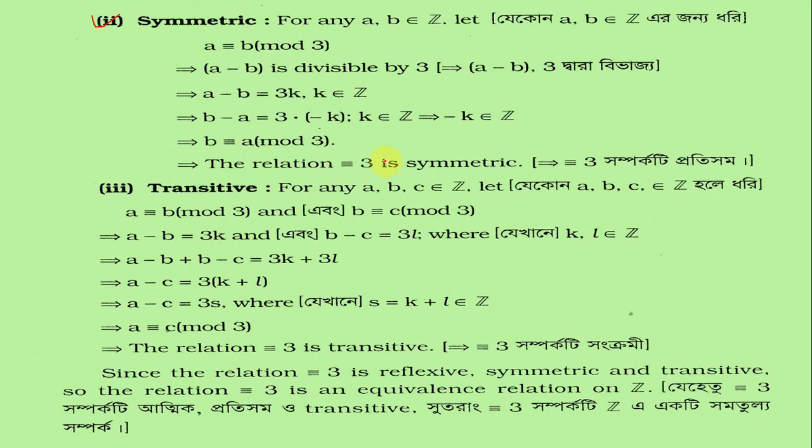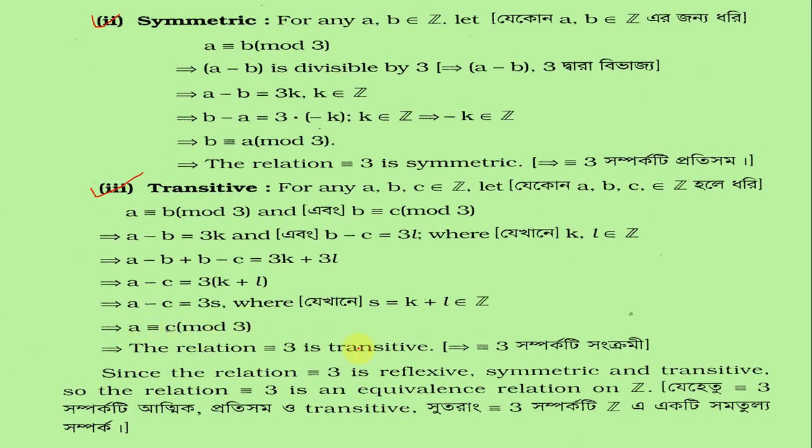The relation is symmetric. Now we will discuss whether it is transitive. For any a, b, c belongs to Z, let a be congruent to b modulo 3 and b be congruent to c modulo 3, which implies a minus b is equal to 3k and b minus c is equal to 3l, where k and l belong to Z, which implies a minus b plus b minus c is equal to 3k plus 3l, which implies a minus c is equal to 3s, where s belongs to Z, which implies a is congruent to c modulo 3.